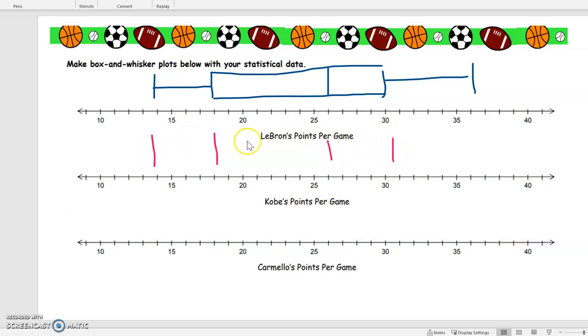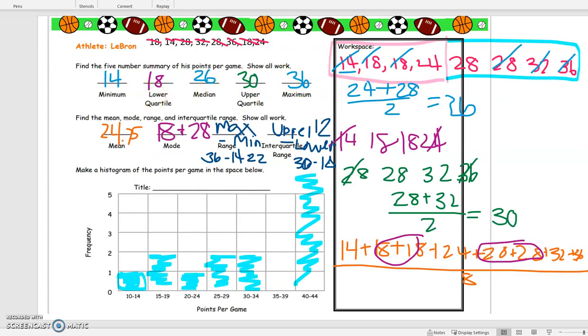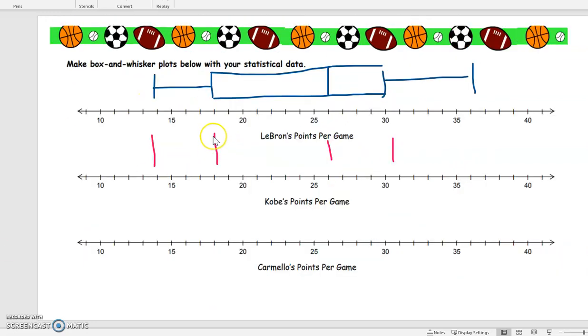So if this happens and you only have 4 lines, again, because one of your 5 number summaries is repeated, you're going to turn the 3 into a box and you'll only have 1 whisker. And that should happen twice on your assignment. And so you'll have actually just a whisker and 2 boxes instead of 2 boxes and a whisker.